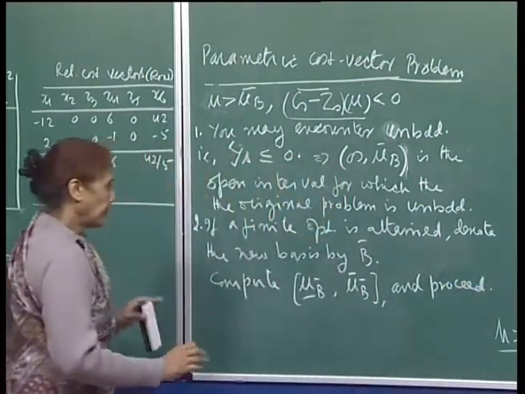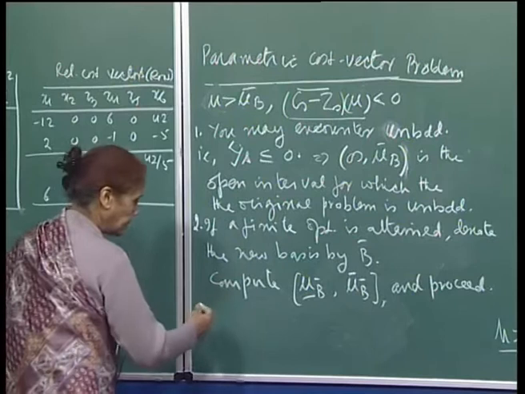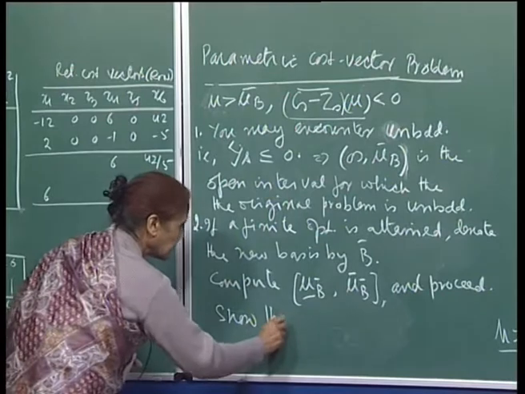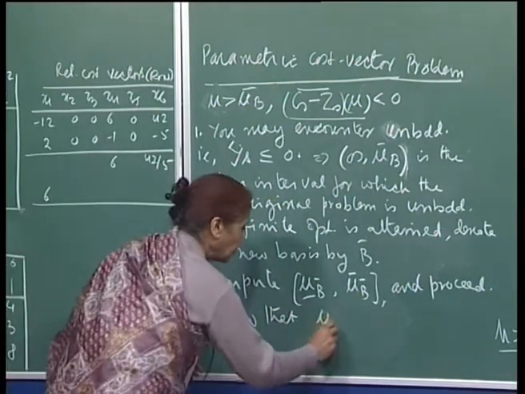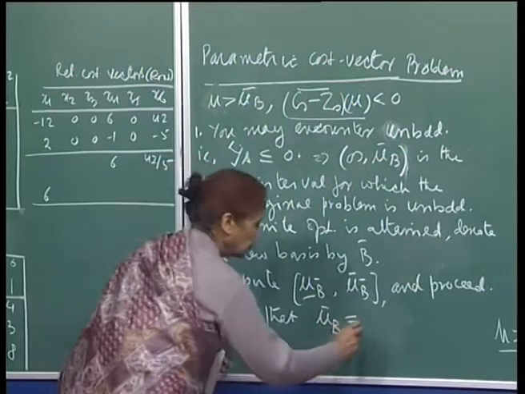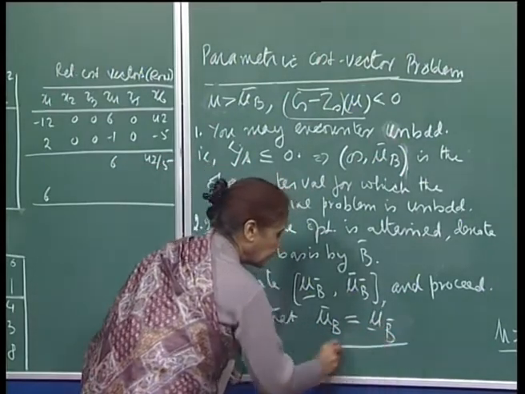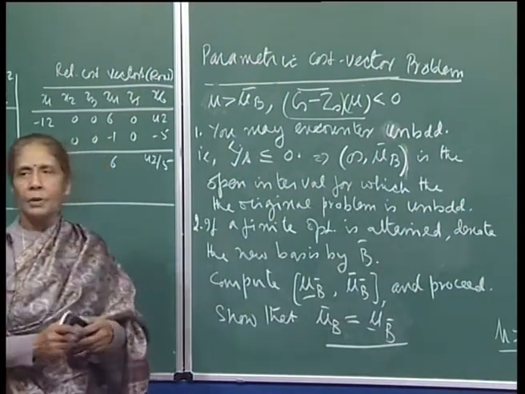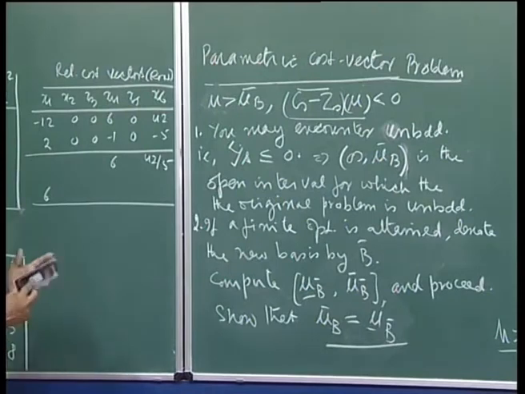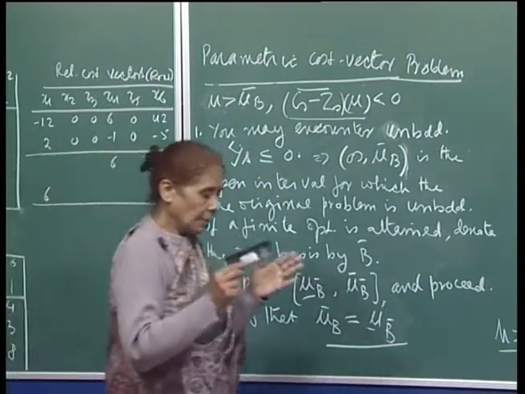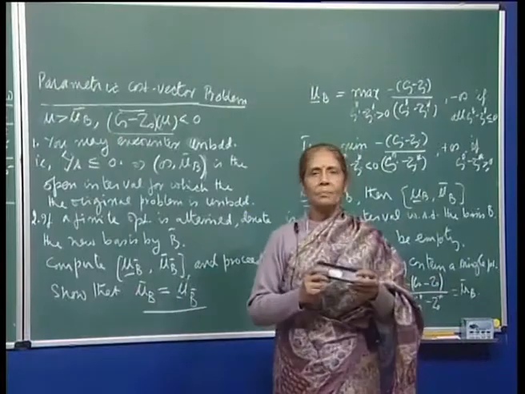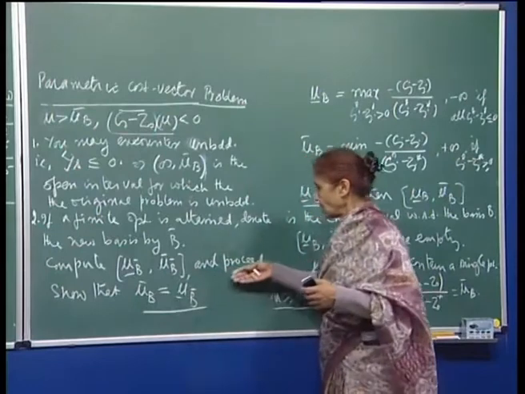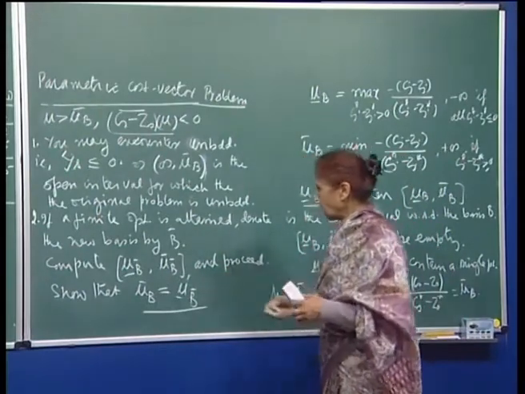Right. Now, I have already told you why, but anyway you write it down. So this is a question: show that mu upper bar b is equal to mu lower bar b bar. That means the characteristic intervals that you obtain will not be overlapping, and we already showed you that the number of intervals will be finite, because the number of bases is finite, since a basis will not be repeated as you are changing the values of mu at each iteration.